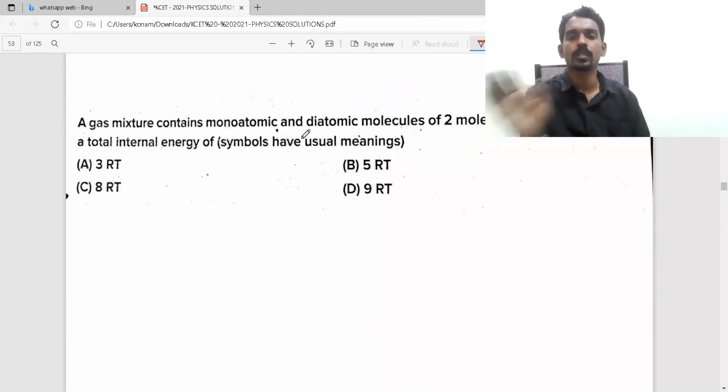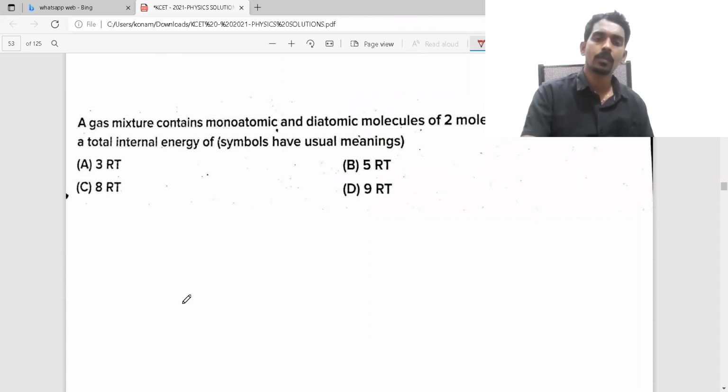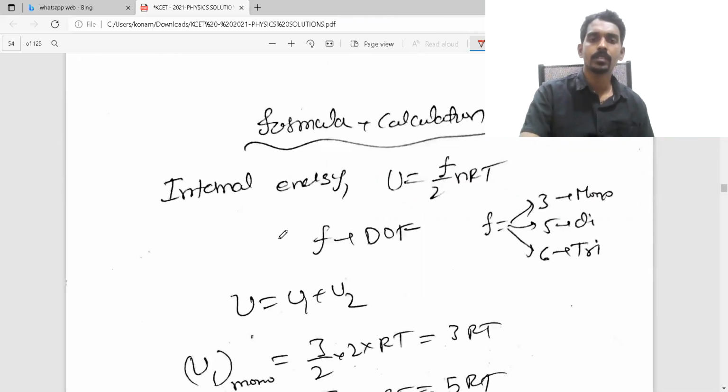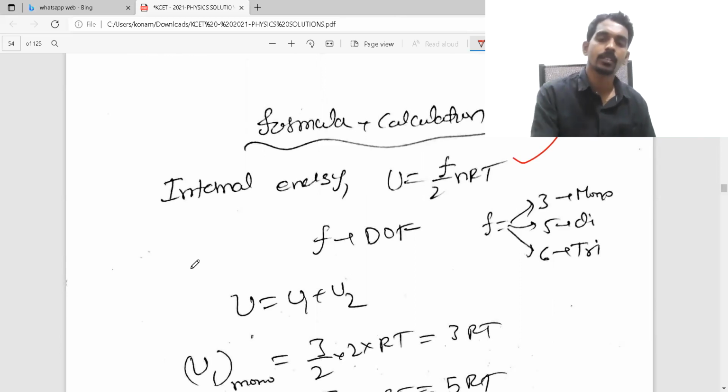Now this is a direct question. So total energy means the energy of each gas separately, and the energy formula is direct formula based. Internal energy formula is F by 2 nRT. F is degree of freedom, n is moles, T is temperature.